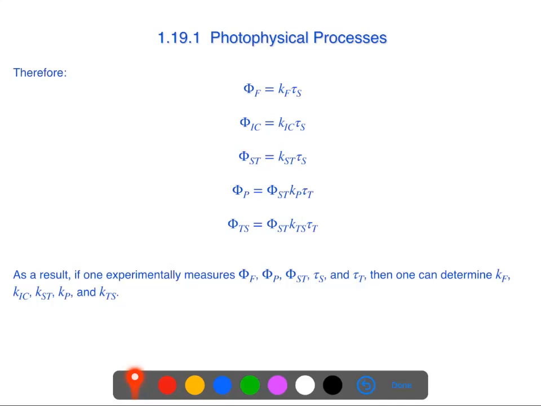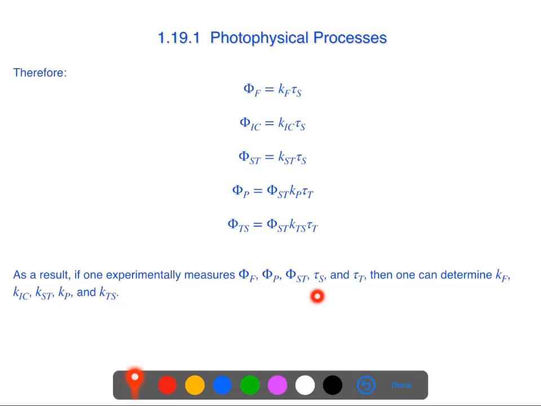So as a result, if one experimentally measures the quantum yield of fluorescence, the quantum yield of phosphorescence, or the quantum yield of intersystem crossing, as well as the lifetimes of the singlet and triplet state, then one can determine the rate constants Kf, Kic, Kst, Kp, and Kts.